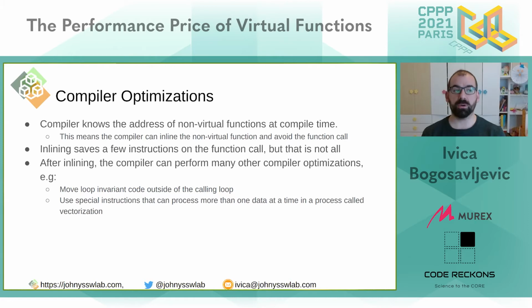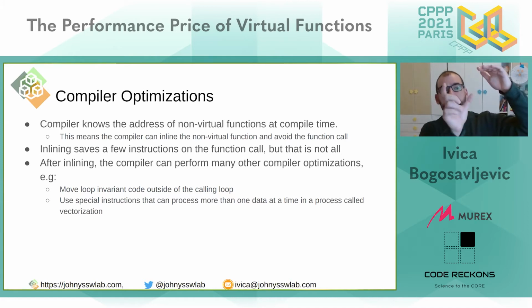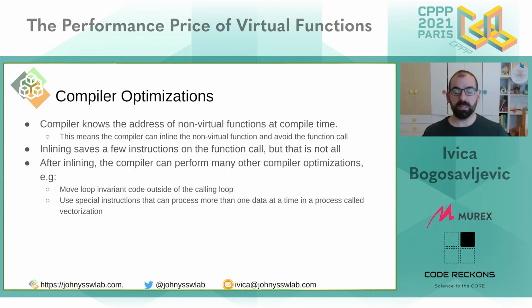Loop-invariant code is, for example, a condition or calculation in the loop that is the same in all the iterations of the loop, so the compiler can move it outside. The compiler can also use special instructions that process more than one piece of data at a time, in a process called vectorization. These vector instructions are special instructions in the CPU, and the compiler can use them only if it inlines the function body, so if it can copy the function body into the loop that is calling the function.